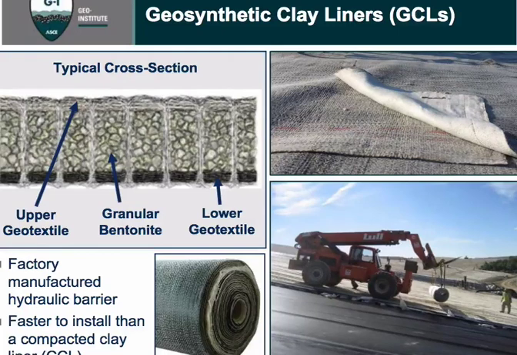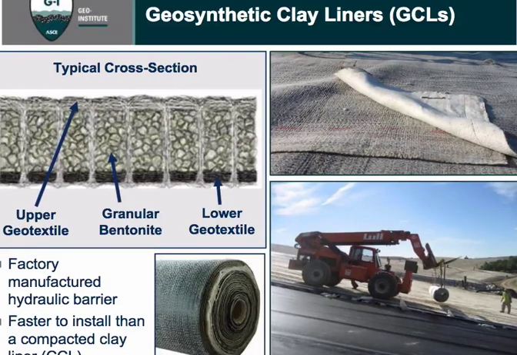They're typically used in place of, say, a compacted clay liner, either due to faster installation, limited local availability of clay, or for a reduced volume, because a GCL is typically going to be on the order of about 1 centimeter and will provide the equivalent hydraulic performance to a much thicker compacted clay layer.